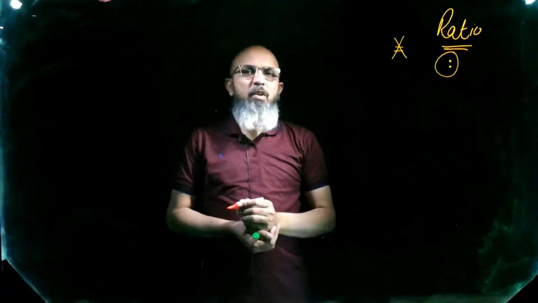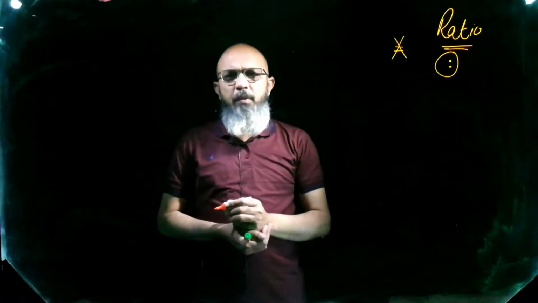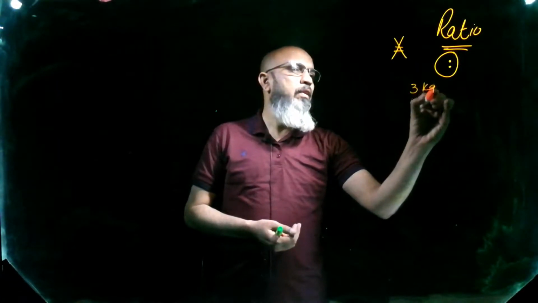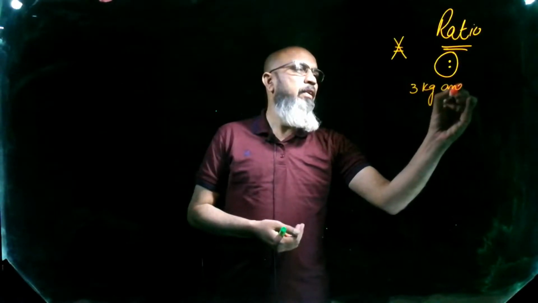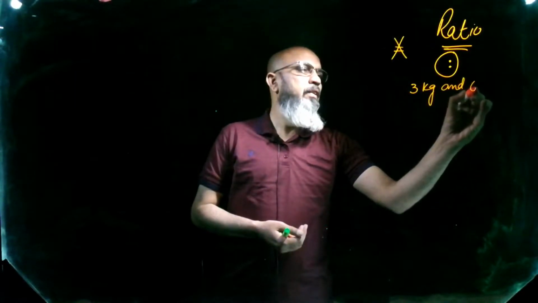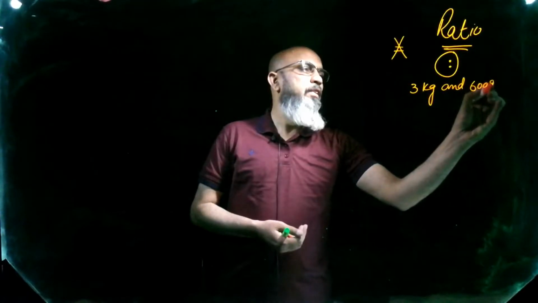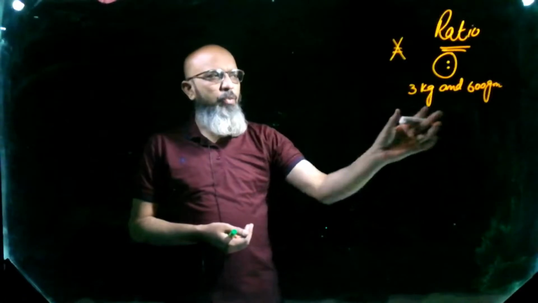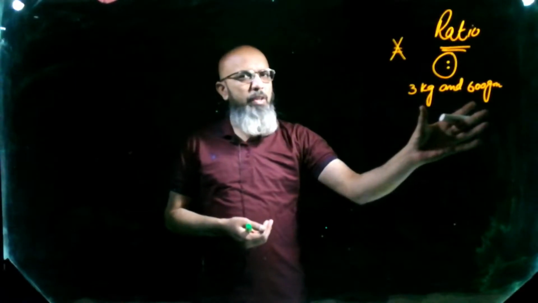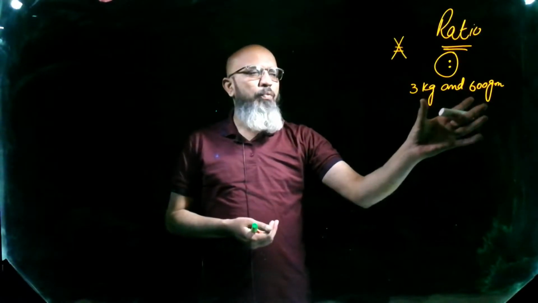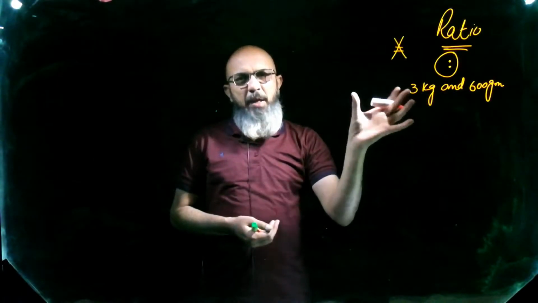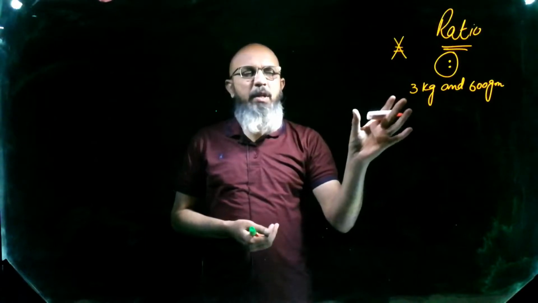So let's see an example: find the ratio between 3 kg and 600 grams. Are the units the same? No, the units are not the same. So first we have to make the units the same, meaning a comparison between two same quantities.